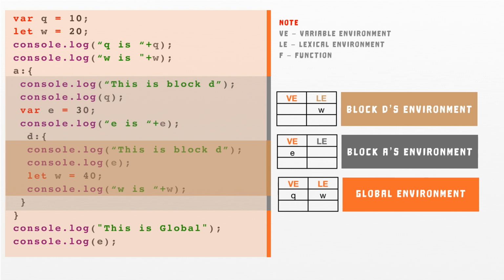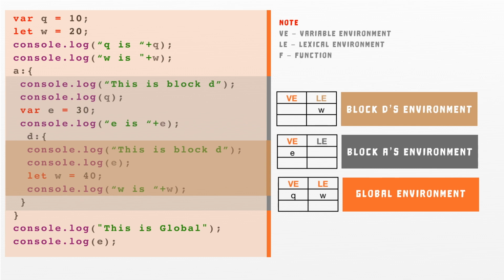Coming to block A, it is lexically enclosed inside the global environment, right? So it is going to have the global environment's variable environment as its own variable environment. Coming to block D, it is lexically enclosed inside block A, right? So that's why it is going to have the variable environment of block A, which is the global environment's variable environment, as its own variable environment.